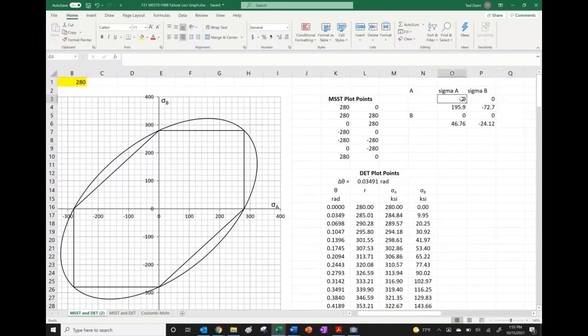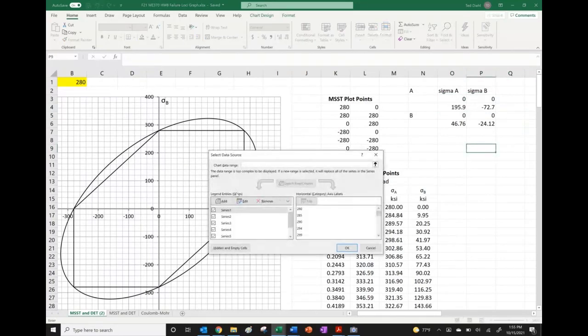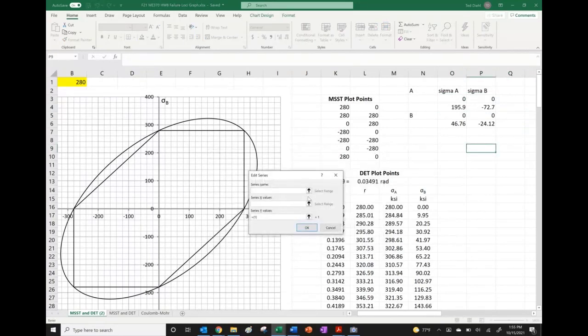Okay, so I'm going to plot this. I got to add this in here, and in select data, add my x values right there, and my y values right here. Boom. There you go.